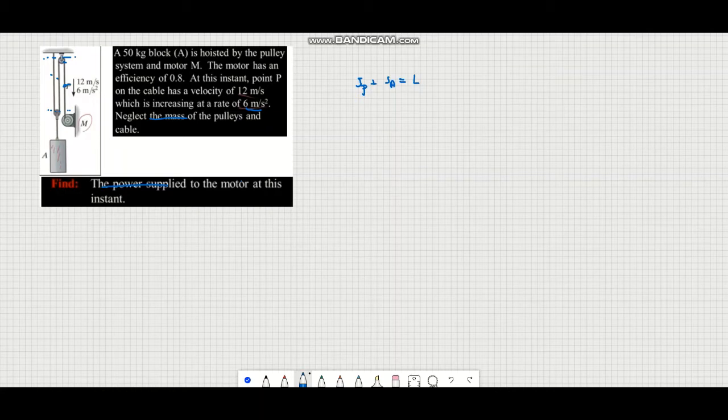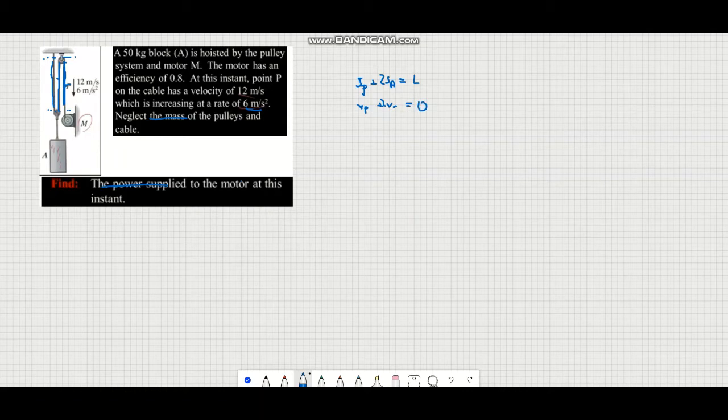If we take the first derivative, it's going to be v_P plus 2 v_A equal to 0.